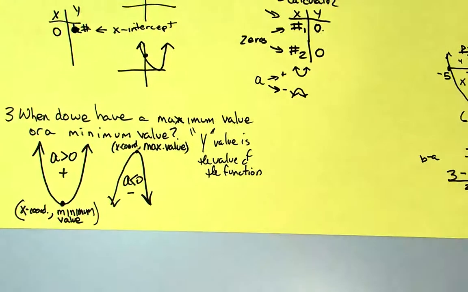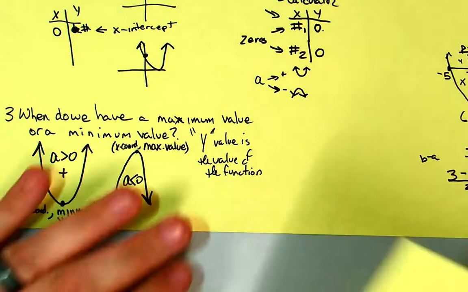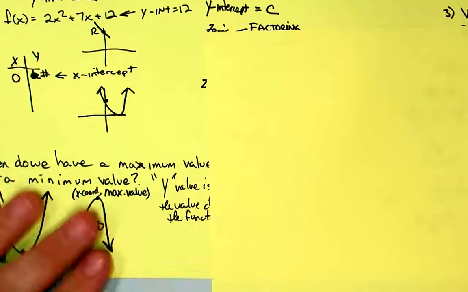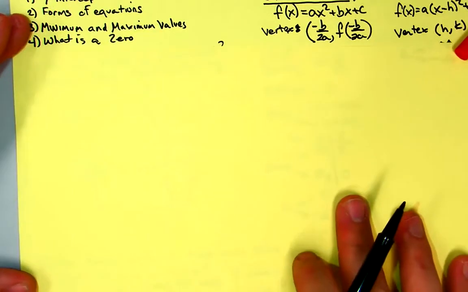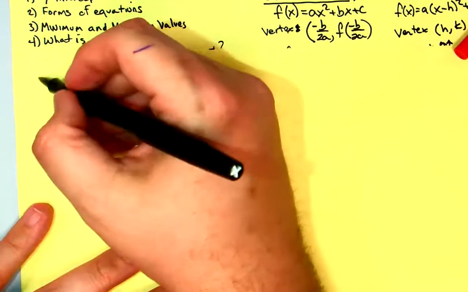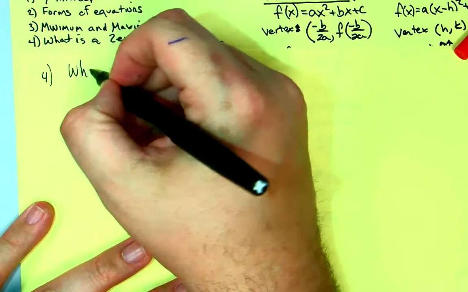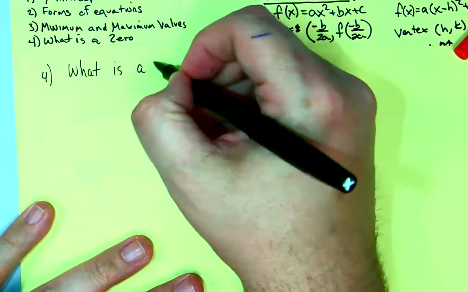And last but certainly not least, let me grab another sheet of paper here for question number 4. Question number 4, I'll just do this right up here. What is a 0?